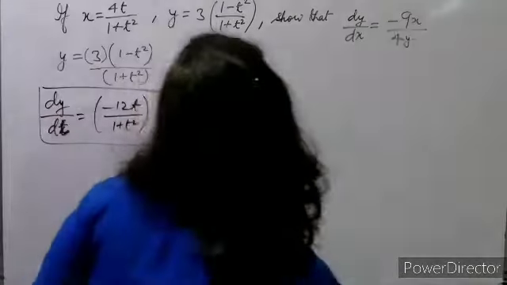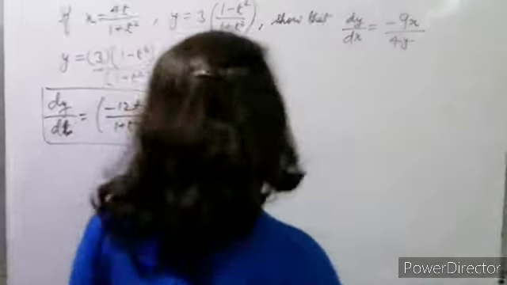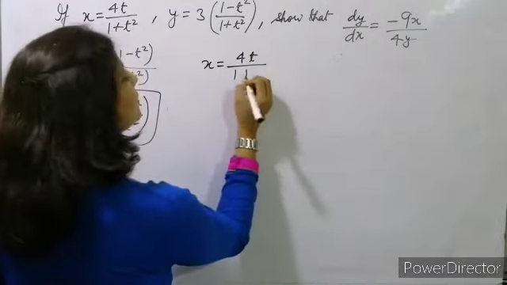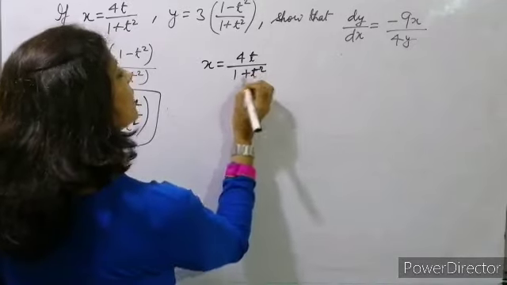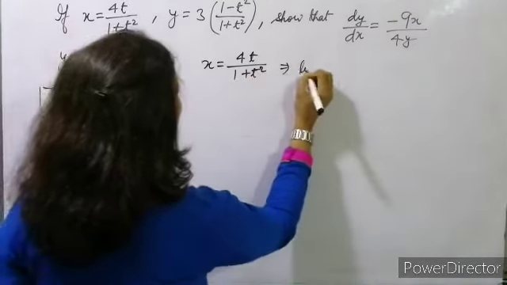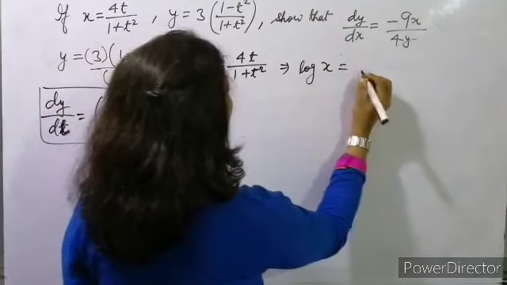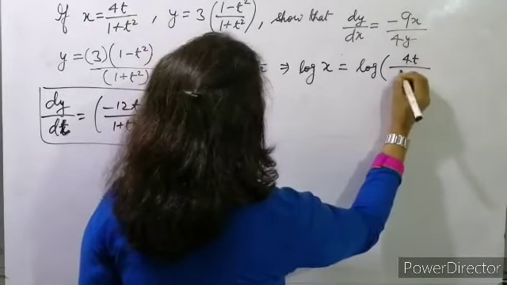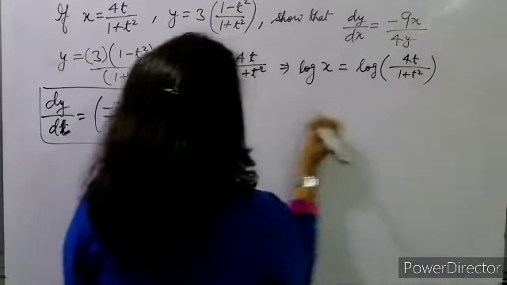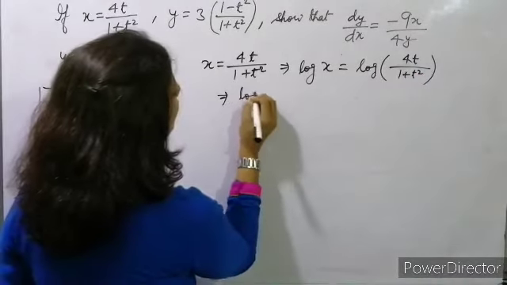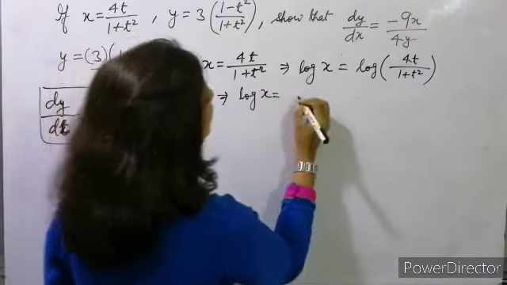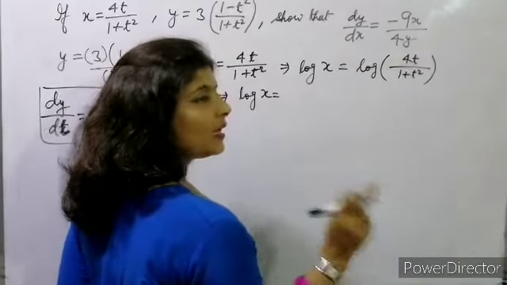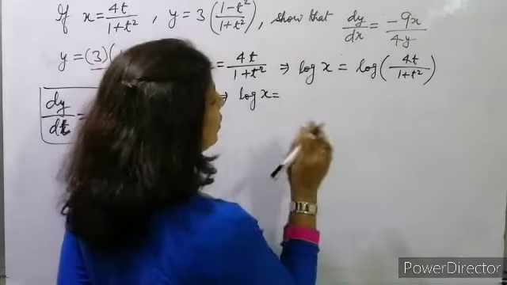The value of x is given as 4t divided by 1 plus t square. Applying log on both sides, it will be log of x and log of 4t divided by 1 plus t square. So log of m upon n is equal to log of m minus log of n.